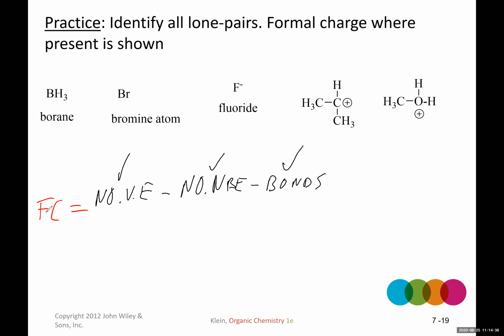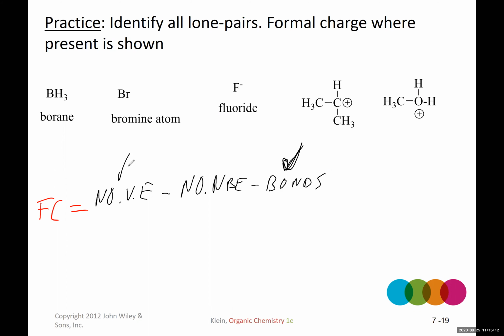But it turns out the convention in chemistry is that when you show a structure, you always have to show the formal charges, but you don't have to show the non-bonded electrons. And so in a typical structure that's drawn, you will see the structure, so you can see the number of bonds to the atom.